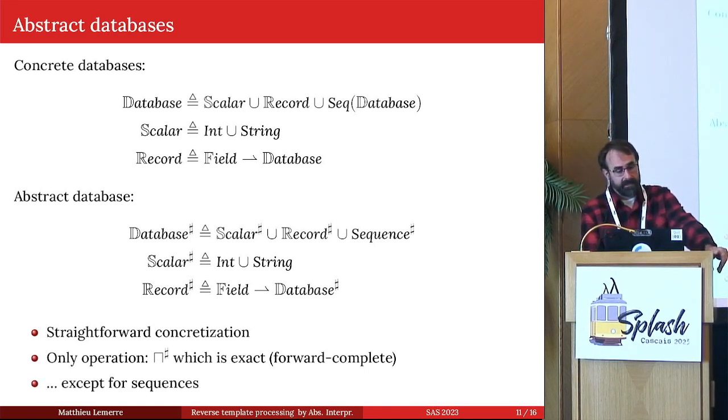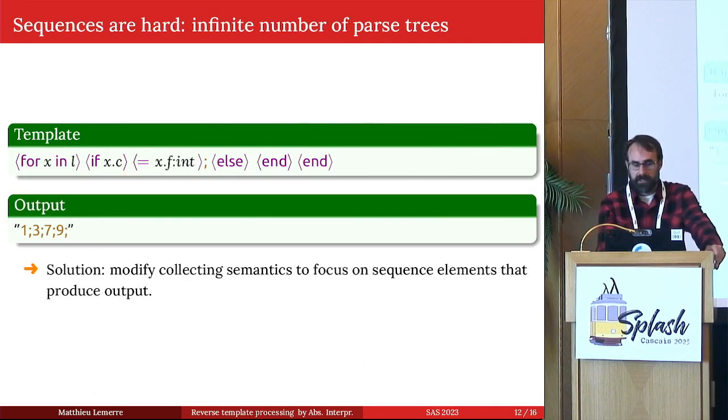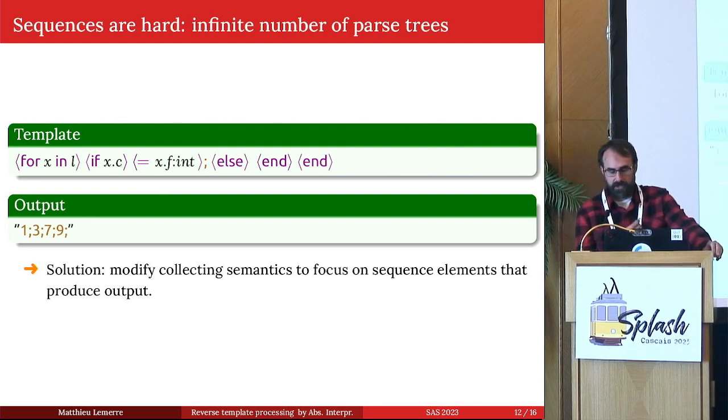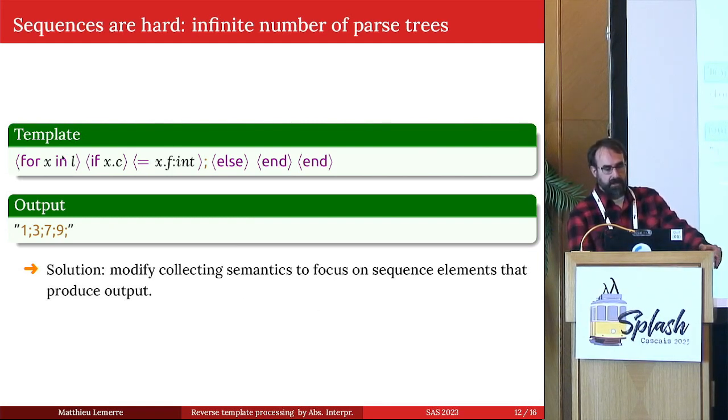The only complicated operation is the handling of sequences. So why are sequences hard? A first problem, and I will not dig too much into it, is that you can have an infinite number of parse trees if you do the evaluation using the standard evaluation rules. In this example, I have an iteration on a loop, but I have some if inside, with an else that does not output anything. So we have some sequence of elements that do not output any value, which means that the length of the list can be infinite.